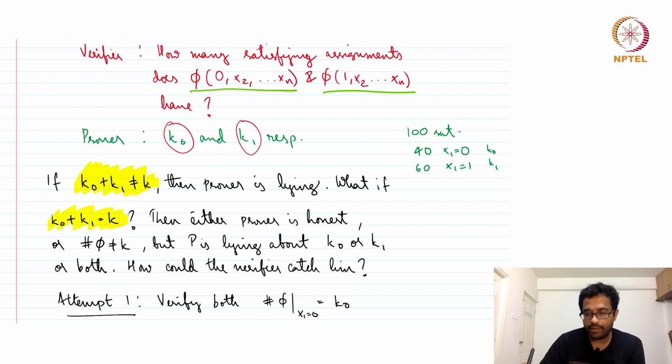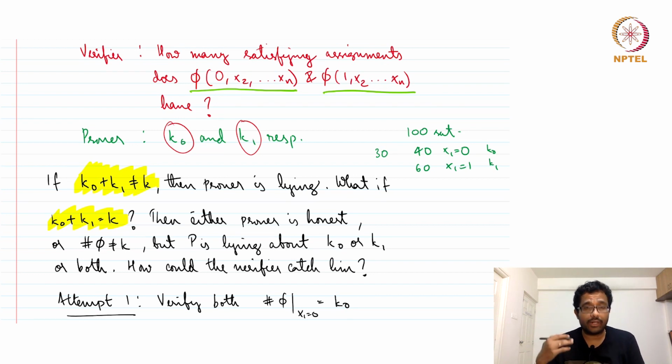The verifier asks how many when x1 equals 0 and how many when x1 equals 1. Maybe there are only 30 satisfying assignments when x1 equals 0, so he outputs 30 for k0, but then the actual number when x1 equals 1 may be something else, maybe that's also 30. Then 30 plus 30 equals 60, which is why 100 is not the actual number.